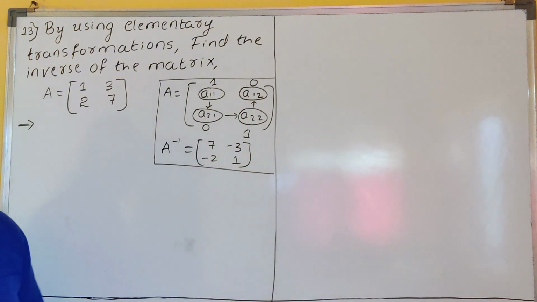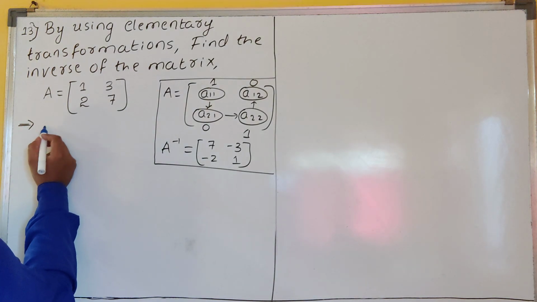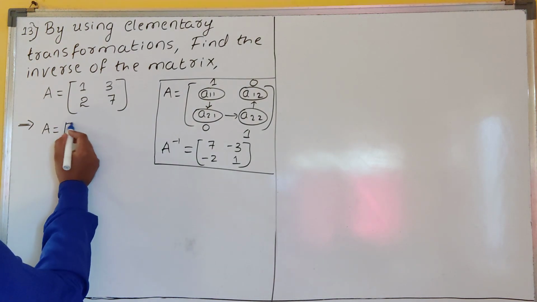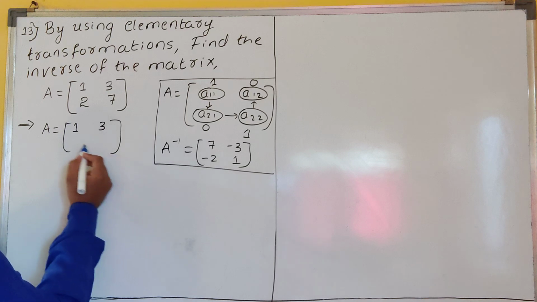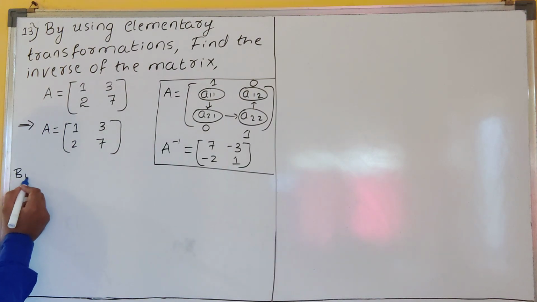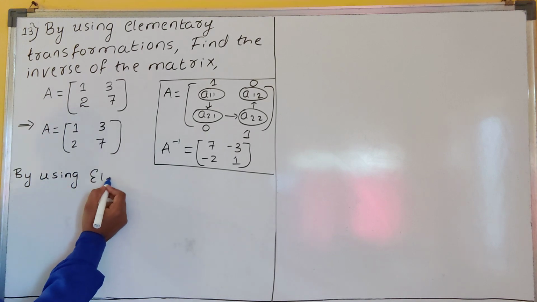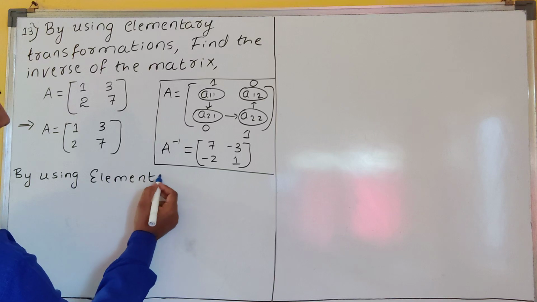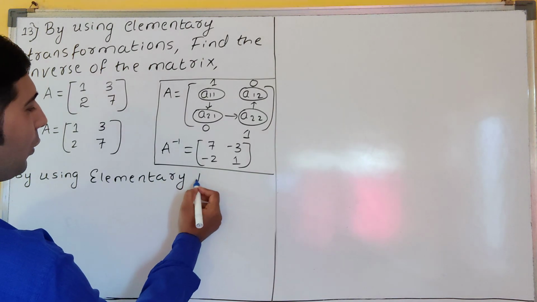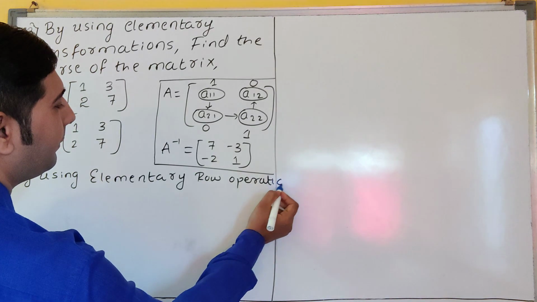So now see, dear students, how to write in an exam. First you write A is equal to [1, 3; 2, 7]. Clear? So you write the sentence: by using elementary row operation.